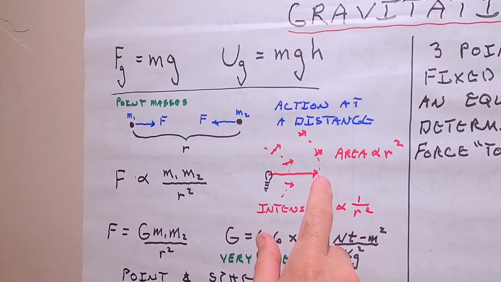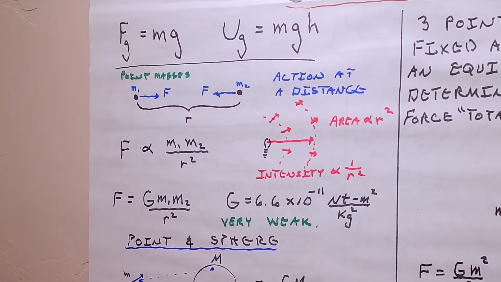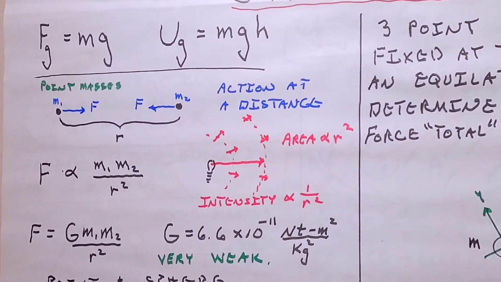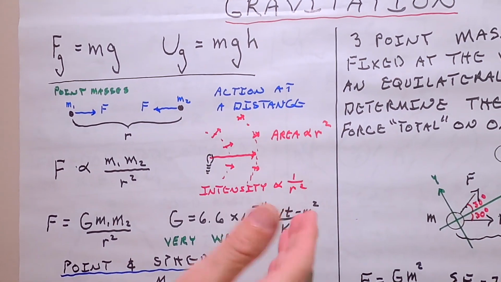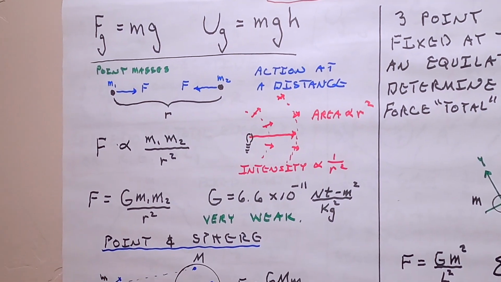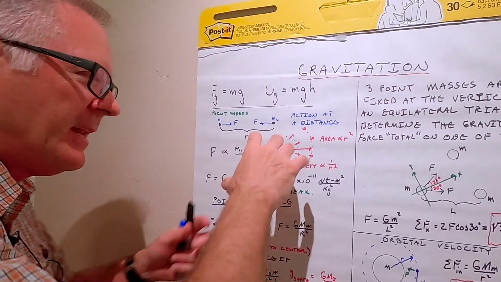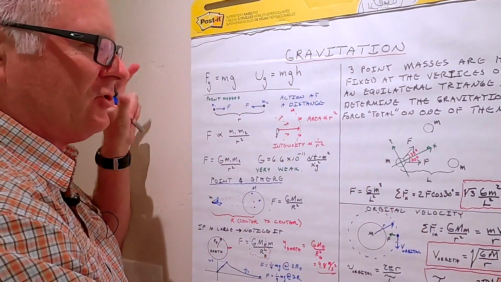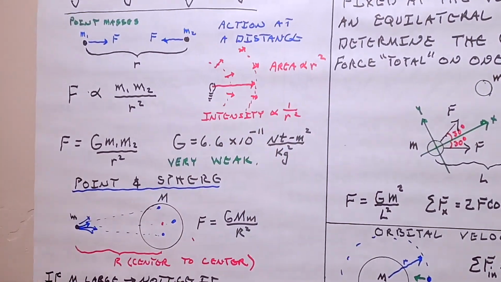Well, we know that the area of a sphere goes as r squared. It's actually 4 pi r squared, but it goes as r squared. So the intensity must drop by 1 over r squared because it's thinning out as it grows right here. Matter of fact, anything that emanates out in 3 dimensions must decrease by a 1 over r squared factor.